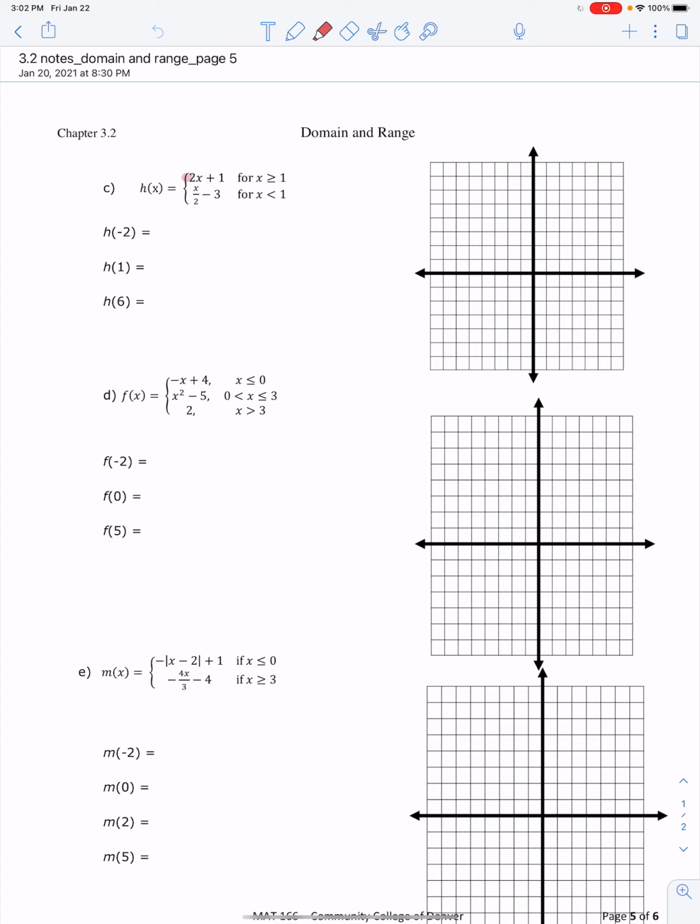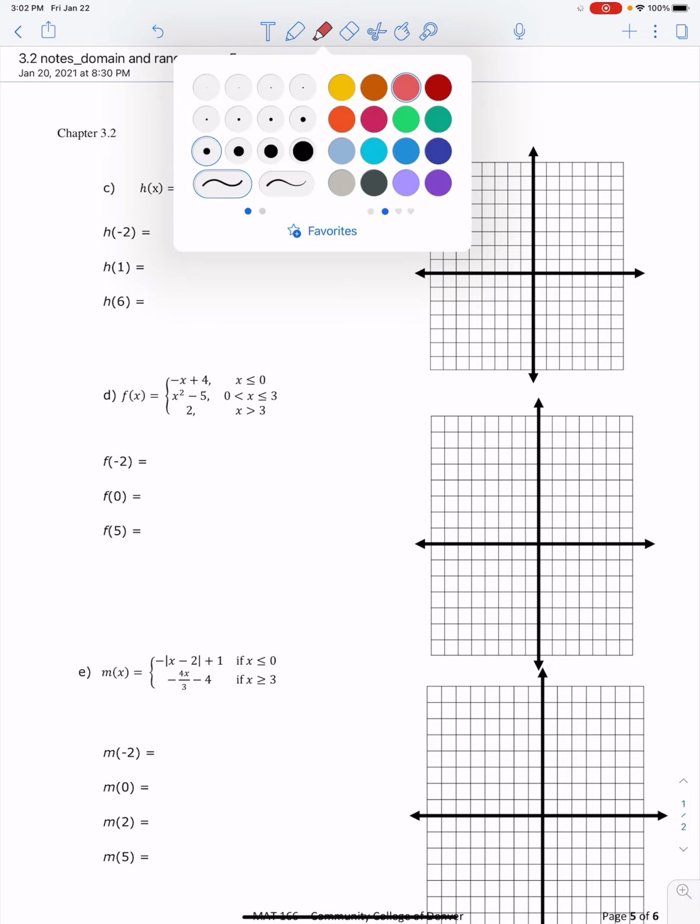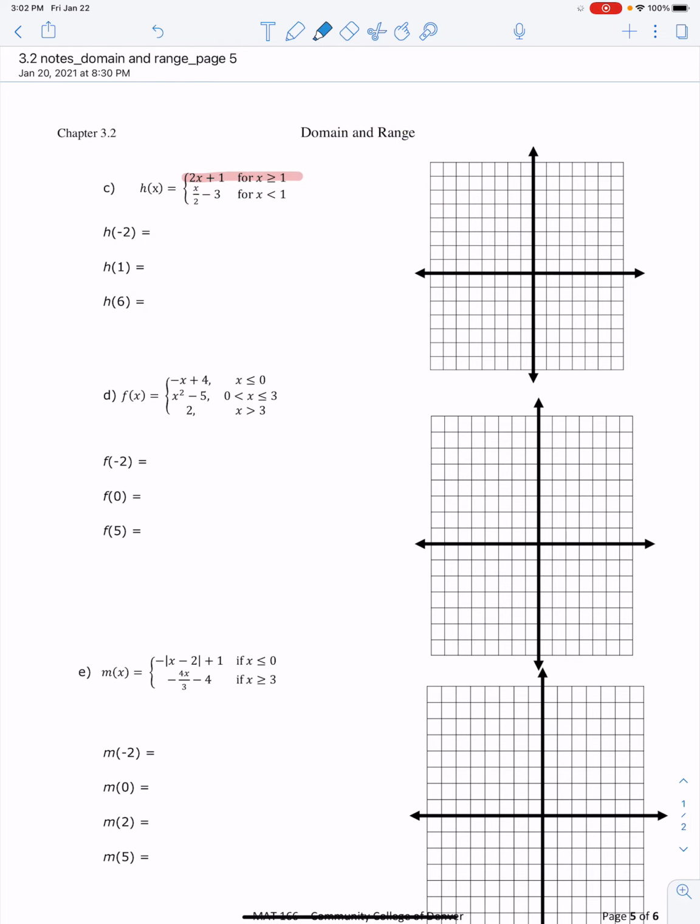I'm going to use pink for anything that falls into the top part of the function, the 2x plus 1, that is defined for x greater than or equal to 1. And then the x over 2 minus 3 for any x less than 1. And so h of negative 2, we want to figure out what part of the domain that lies in.